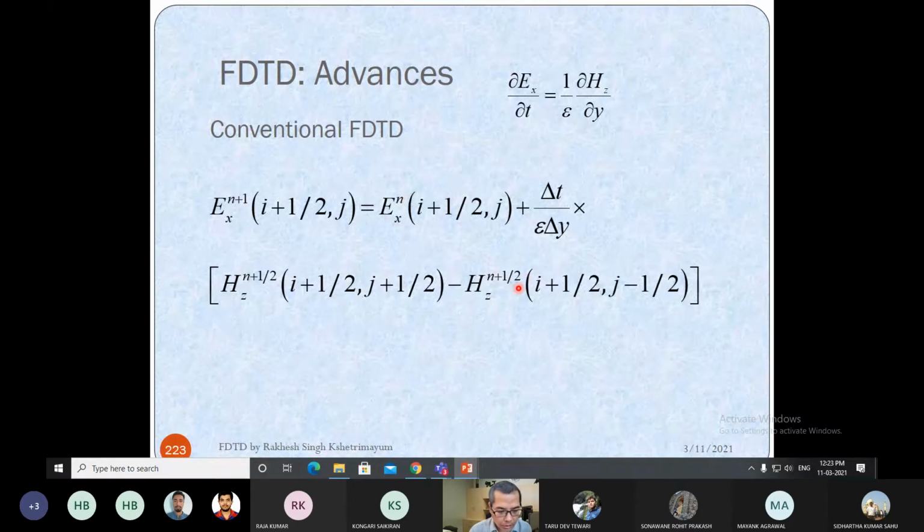That was the idea, so that's a conventional FDTD. In the conventional FDTD, we always find the present time electric field from the previous time value of the electric field as well as the previous time value of the magnetic field of the neighboring cells. So that's a conventional FDTD. But this is called explicit FDTD.